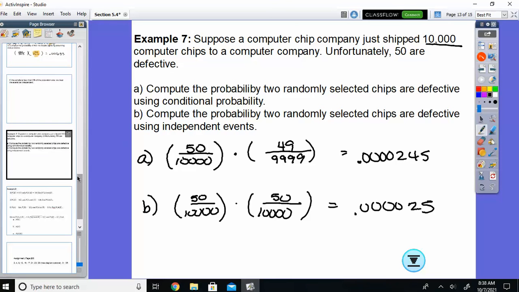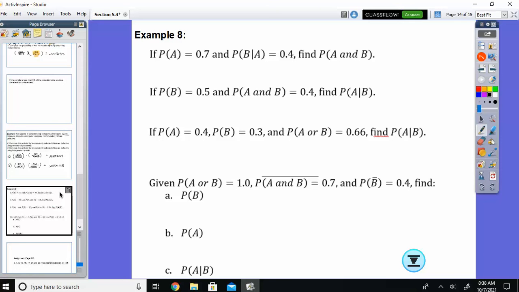Last example. So I'm really trying to practice using our formulas and manipulating those. The first one, I want the probability of A and B. We have 2 options.